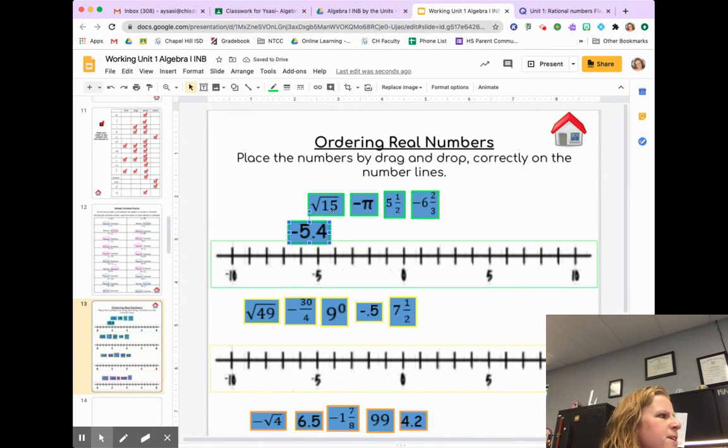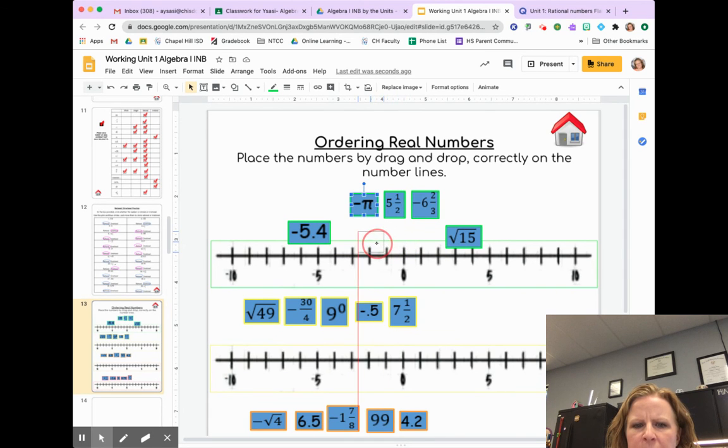Because we're not using a calculator. Okay. Yeah, it's close to 4. Yes, it's underneath 4 because square root of 16 would be 4. Pi, negative pi, I mean. Okay, so that's 0, negative 1, negative 2, negative 3. So somewhere around there. Move this up on that line, or maybe down a little bit.